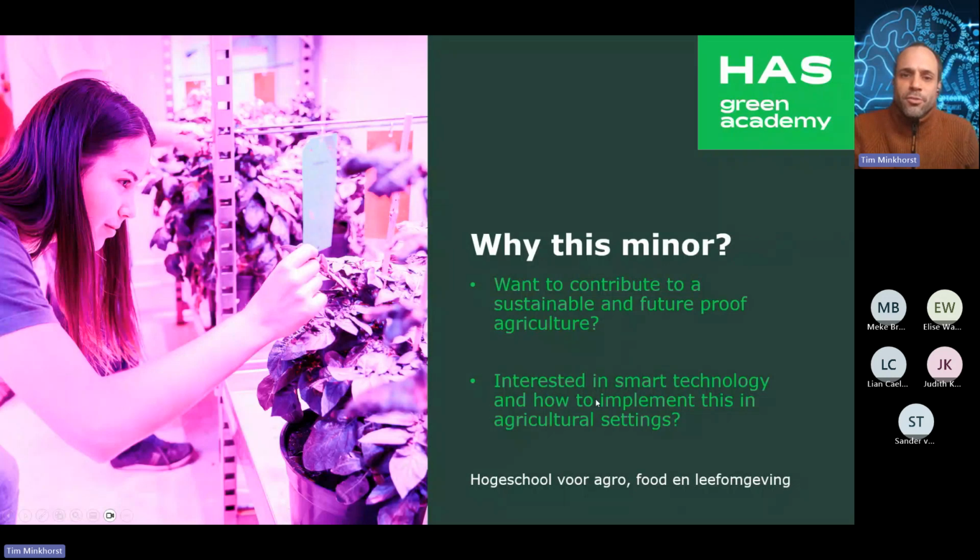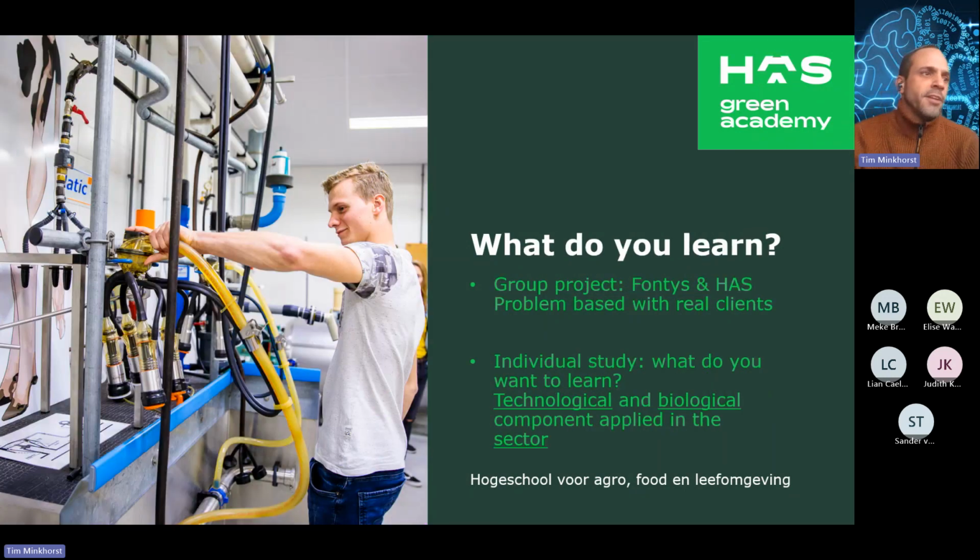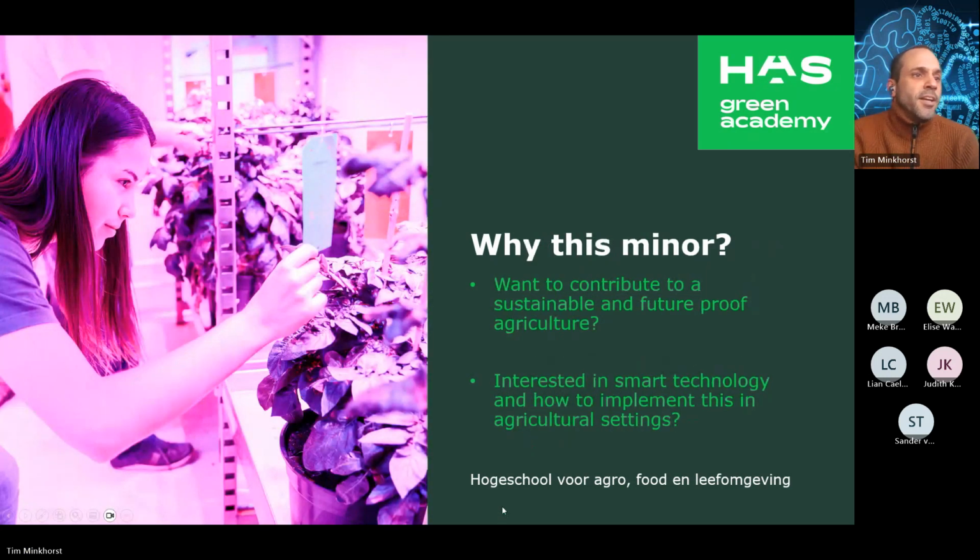And then, of course, there are some more reasons to do this minor. We do this minor together with the Fontes, and we believe that you can make a contribution to a sustainable agriculture and also a future-proof agriculture, with some examples I've showed you in the previous slide.